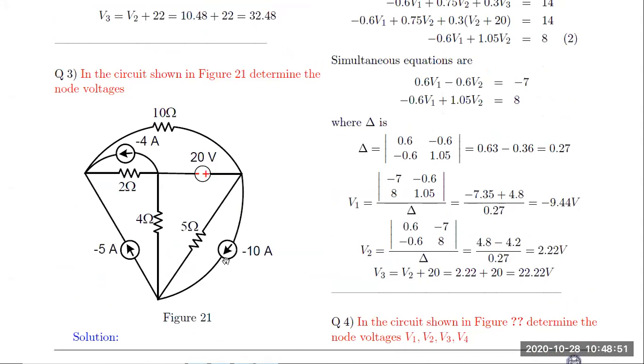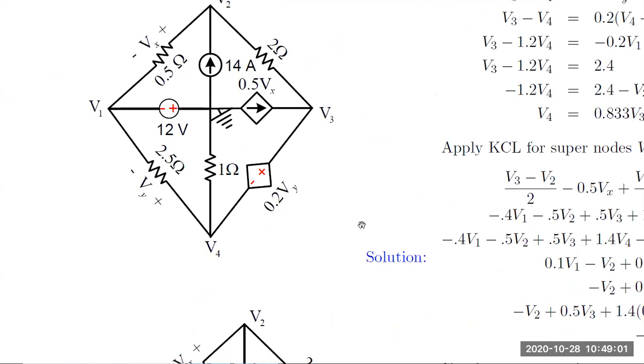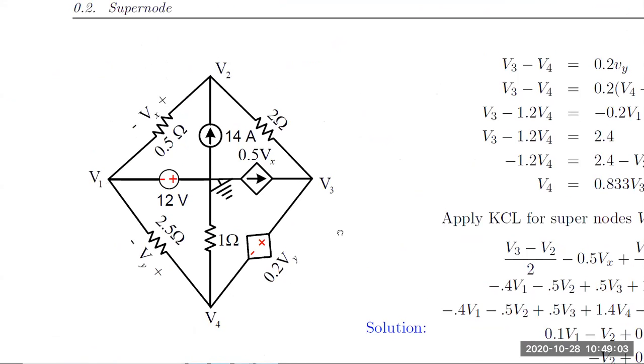Okay, we'll see the next example. This looks like a very complicated one, but analysis-wise there is nothing to it, and there are many things we can observe here. Is this plus-minus a voltage source or a current source?